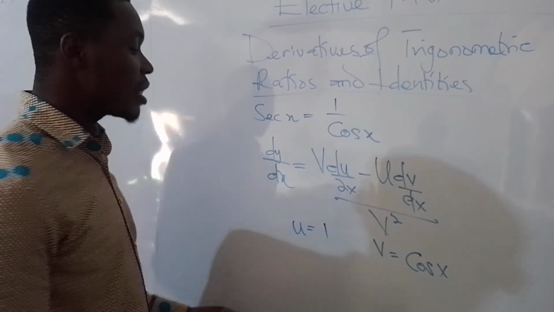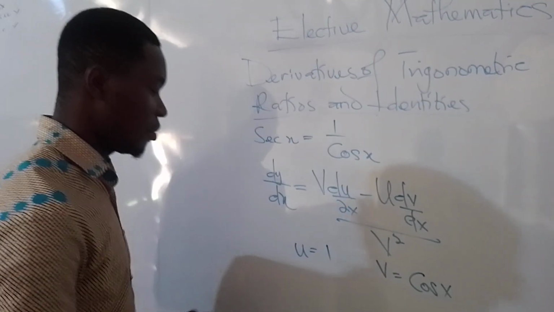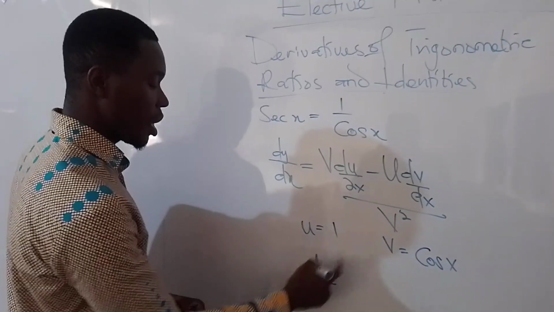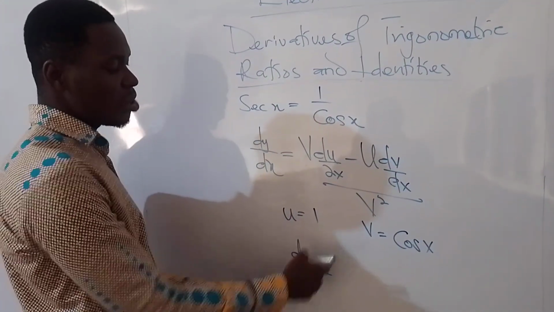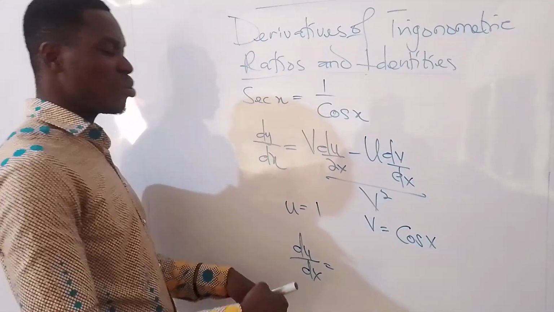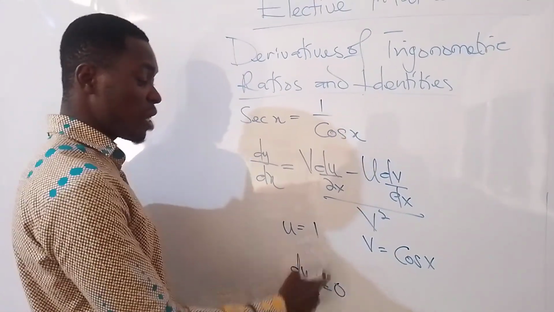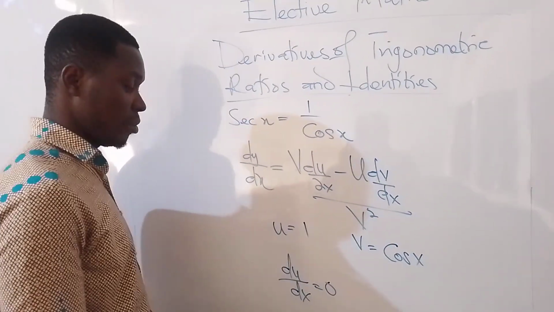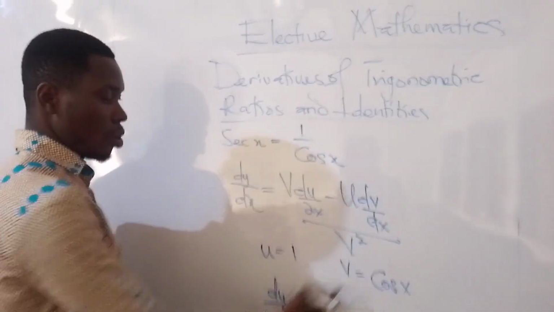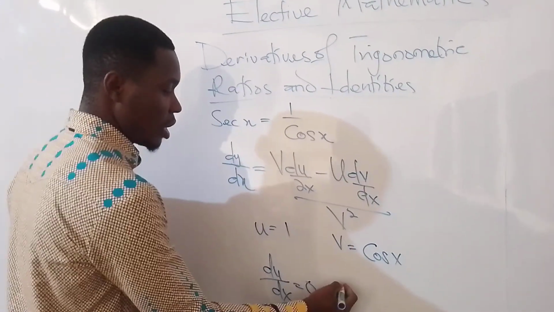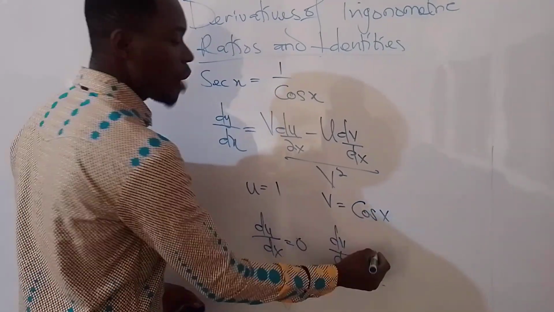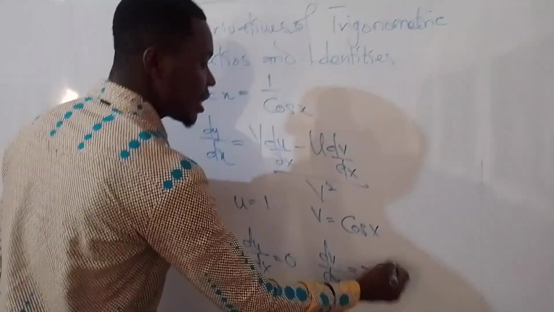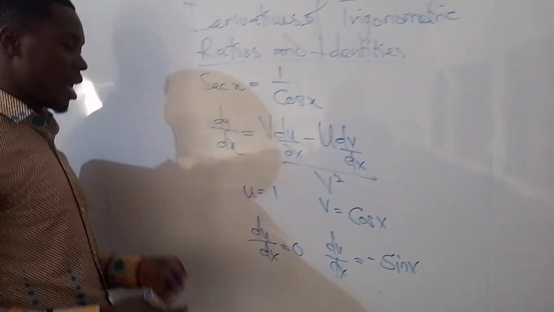So since we have this, let's now differentiate. For du over dx, we are differentiating this constant. When we differentiate this, we don't have anything, it will give us 0. For dv over dx, when we differentiate cos x, we'll have negative sine x.